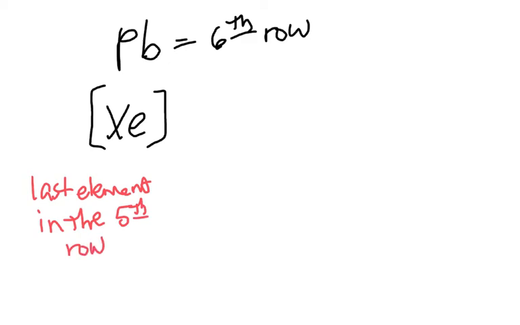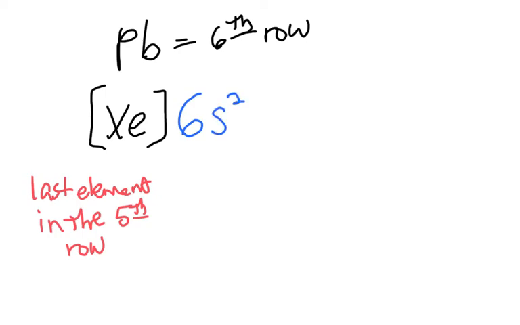That's why we use it. So step number 1 is find the row that the element you're working with is in. Then you're going to look for the last element in the row before it. Now, how do I know what to start with? Since lead is in the 6th row, the rest of its electron configuration starts with 6s2.